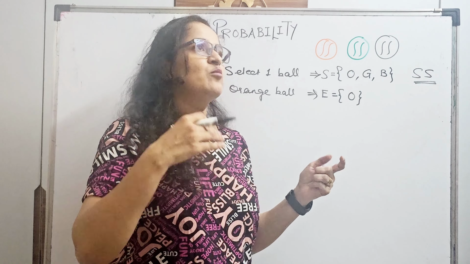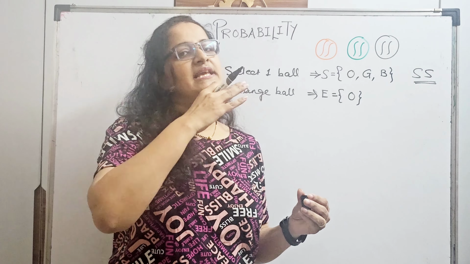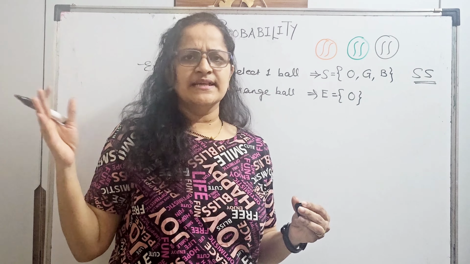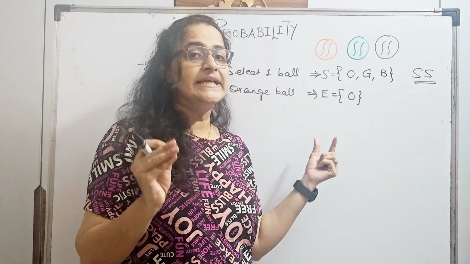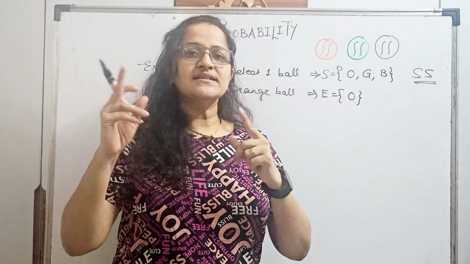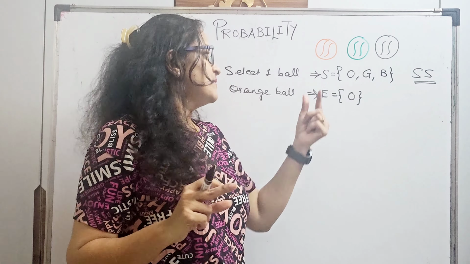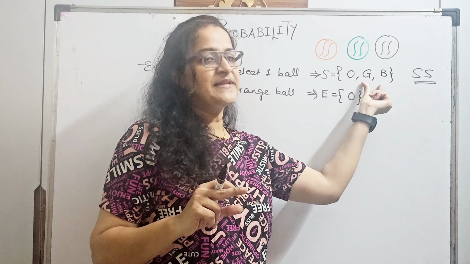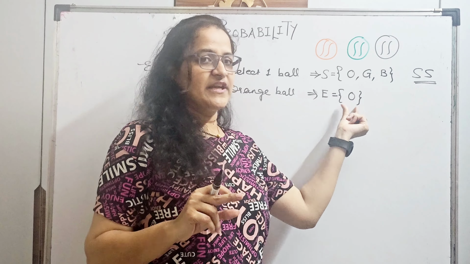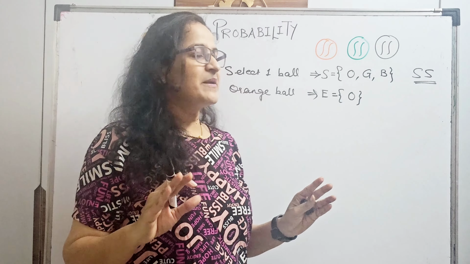If there are more than one events, then you can go like E1, E2, E3, or A, B, C, D, no problem. But just do not indicate this by S, otherwise it will be a confusion, because S is nothing but your sample space, E is your event. Clear up to this? You got my point?